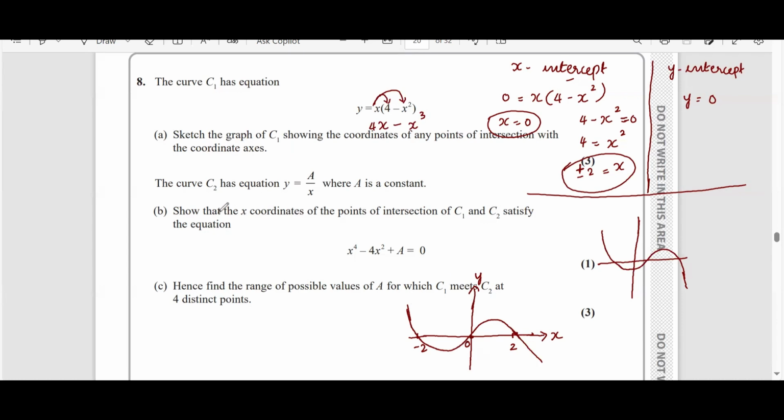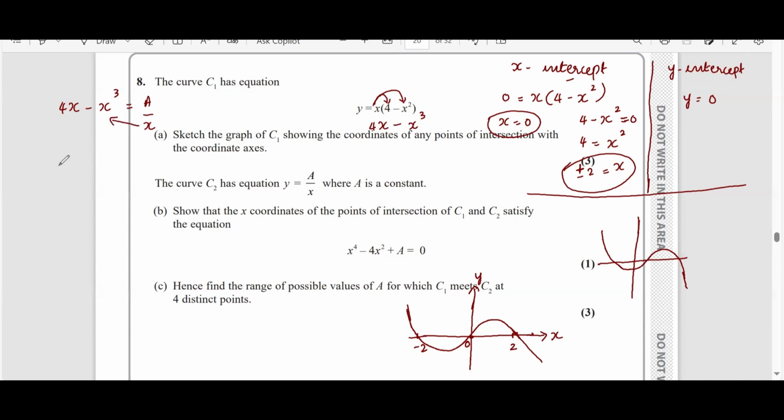The second one, the curve C2 has equation y equals a by x. This means it is a reciprocal graph where a is a constant. Show that the x coordinates of the points of intersection of C1 and C2 satisfy the equation x to the power of 4 minus 4x squared plus a equals 0. For points of intersection, we equate the right hand sides. For C1 it is 4x minus x cubed, and for C2 we have a over x.